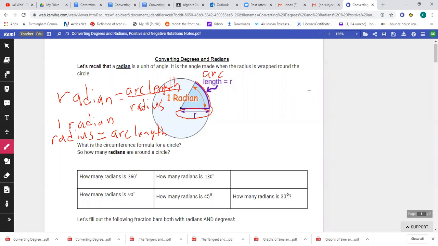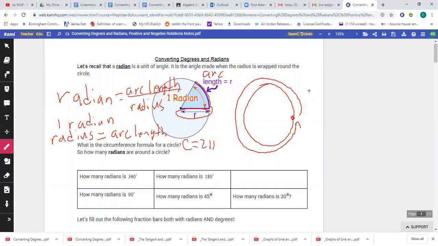So if we did a full circle, like let's say I started here and I went all the way around until I went here, then the arc length is actually the circumference of the circle. And so if you remember from geometry, the circumference is 2 pi r.